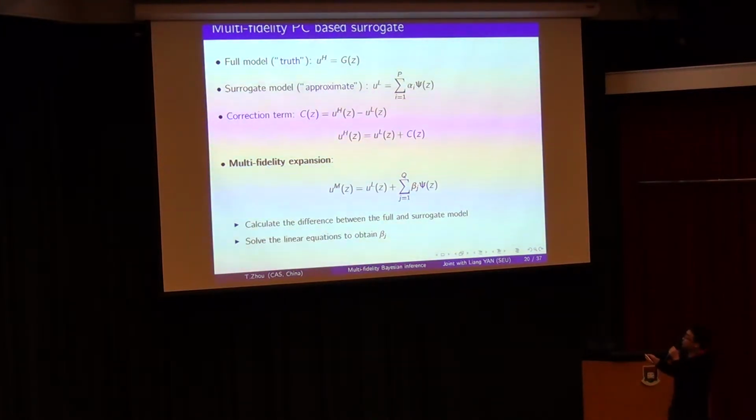Then you can consider a correction term, and this term is again approximated by polynomials. And then online you can do this in an adaptive way to construct this correction term, then you can again get very good accuracy compared to only the single-fidelity PC-based surrogate model. This is the simple idea actually.